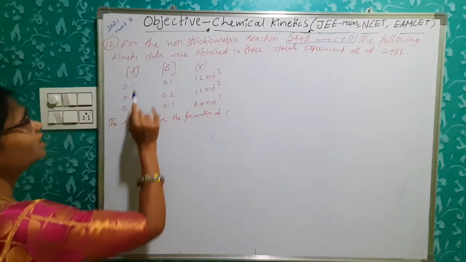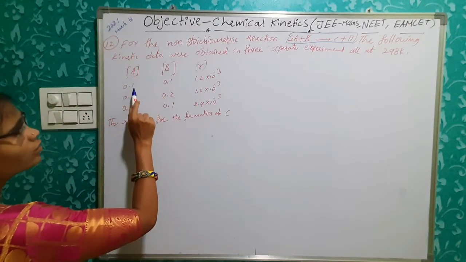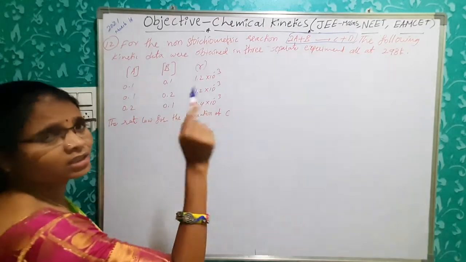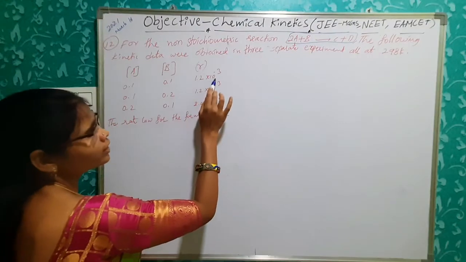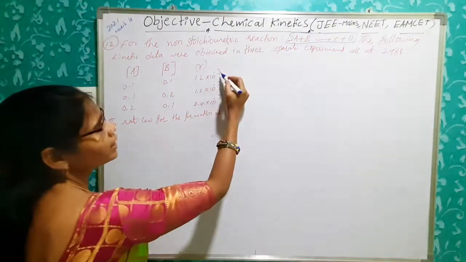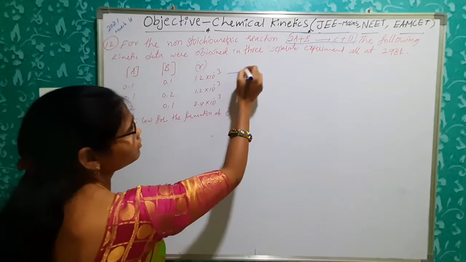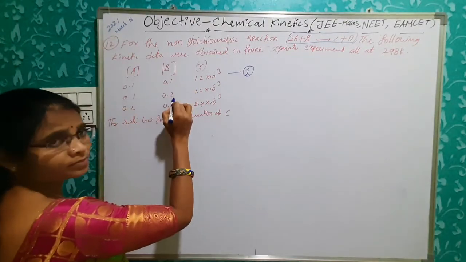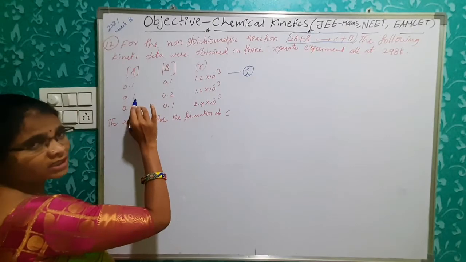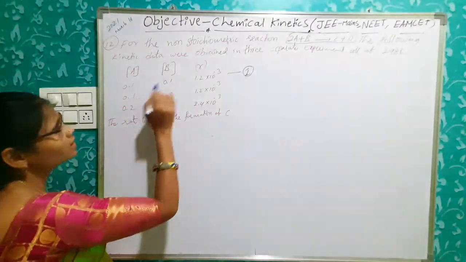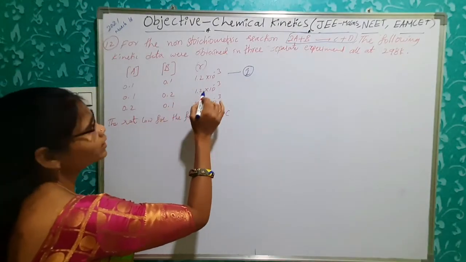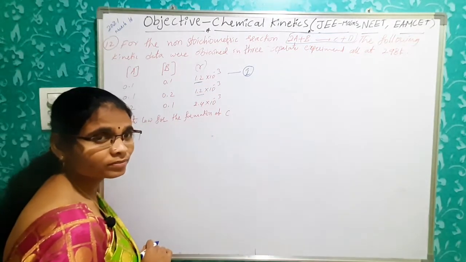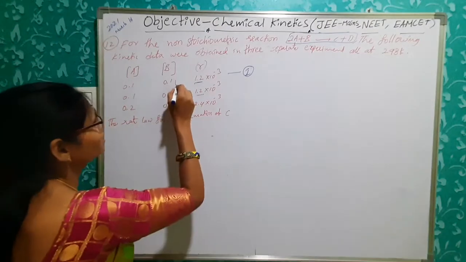So then what is the data? Concentration of A 0.1 in first experiment, B also 0.1, rate of the reaction 1.2 into 10 power minus 3. So this is simply equation 1. Next here, B is doubled, concentration of A kept constant, but B is doubled, but there is no change in the rate of the reaction.